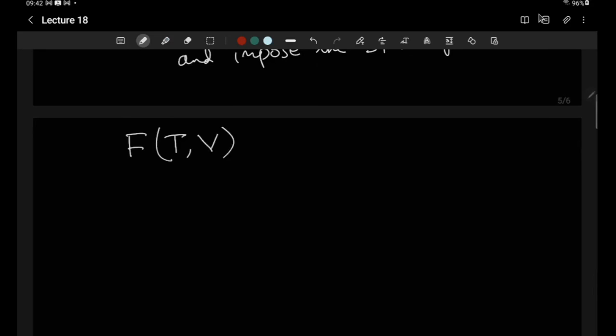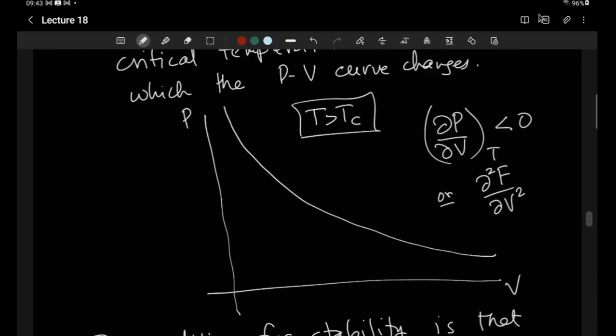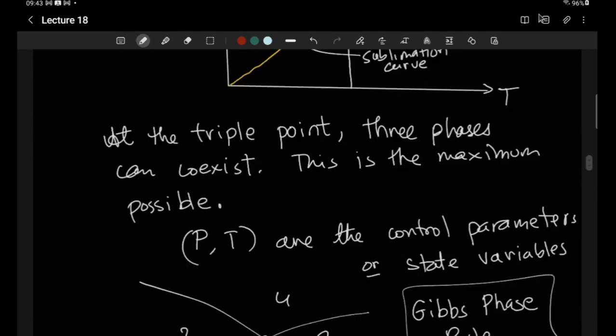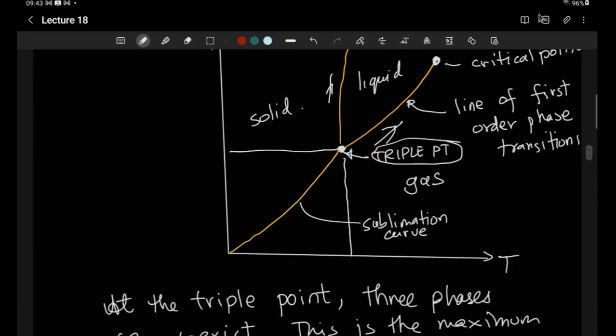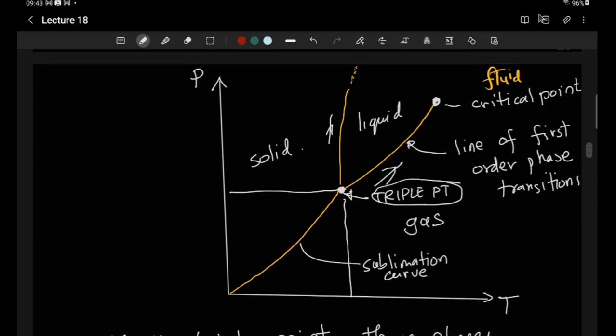But the phase diagram that we drew has P and T. So we have T and V, and P and T. If I wanted to discuss this kind of phase diagram, my control variables are P and T. So the question to you is, what is the free energy of interest?